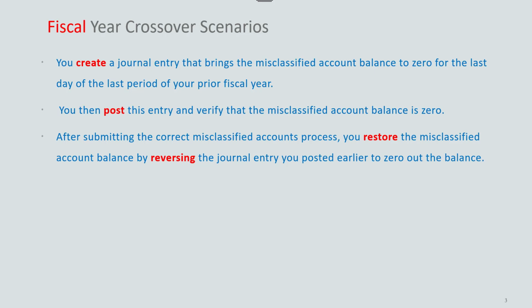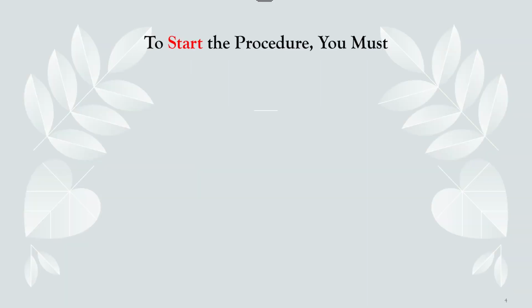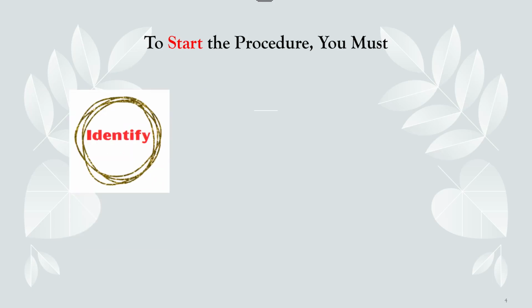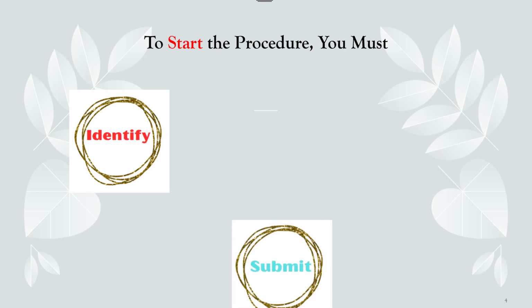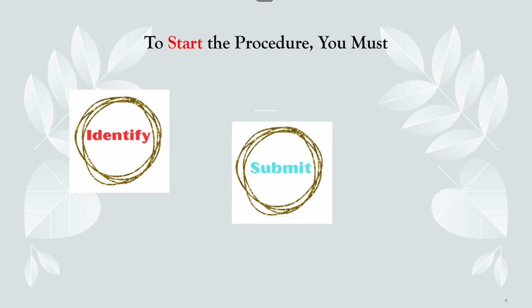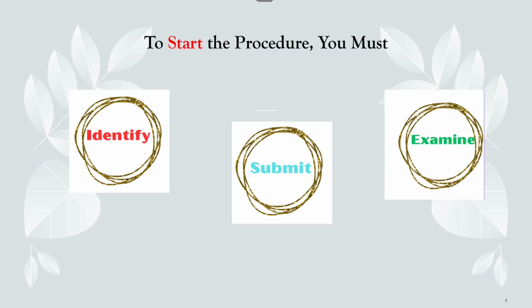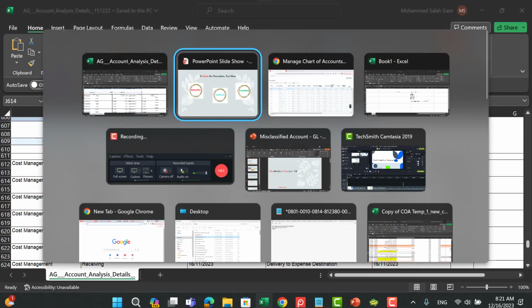We will talk about this later when we run this process. So to start the procedure, you must identify which code combinations have misclassified account types. You have to submit the Correct Misclassified Accounts process and examine the result. Let's get into the application to show you one case.